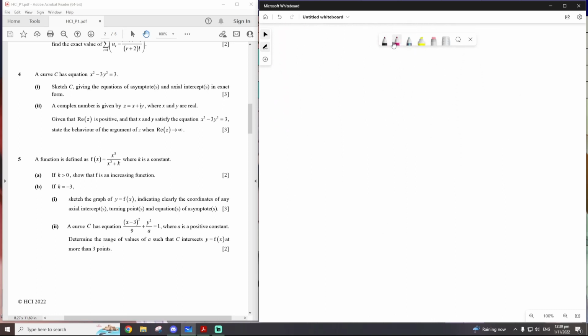Question 5. A function is defined as f of x is x cubed divided by x squared plus k.